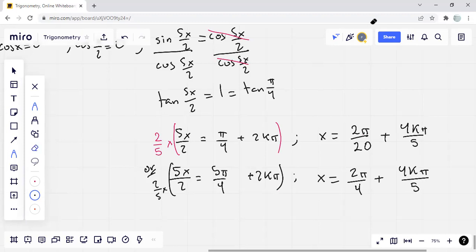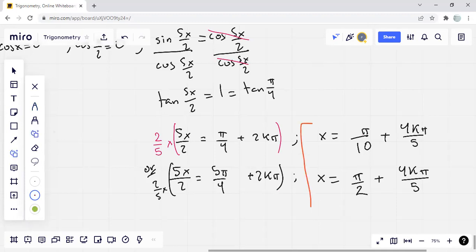We can also cancel 2 and 20, giving pi over 10, and here 2 will cancel out with the 4, and we'll be left with pi over 2. Okay, so these are two of the answers.